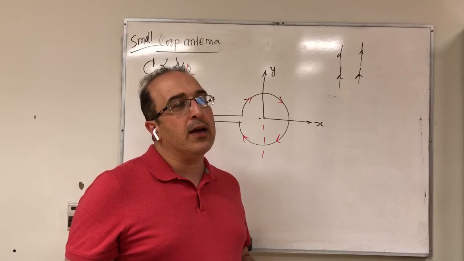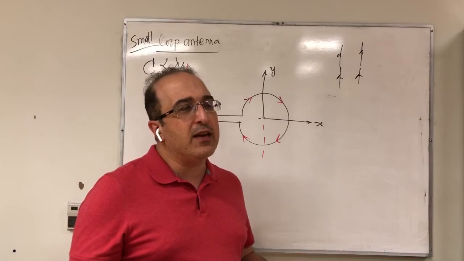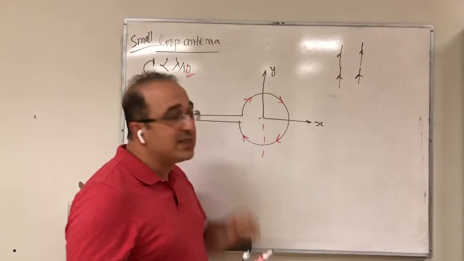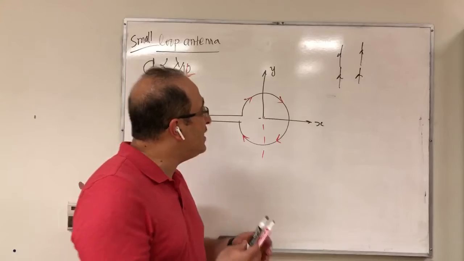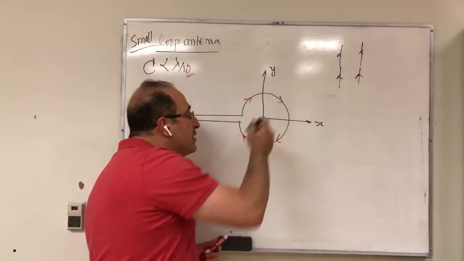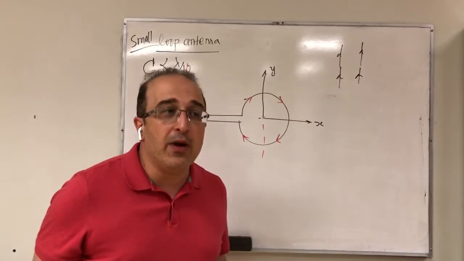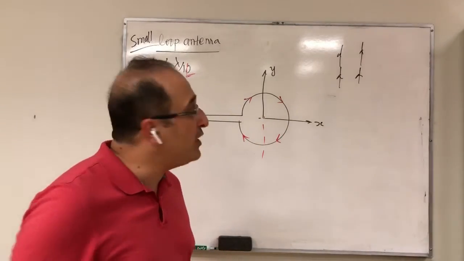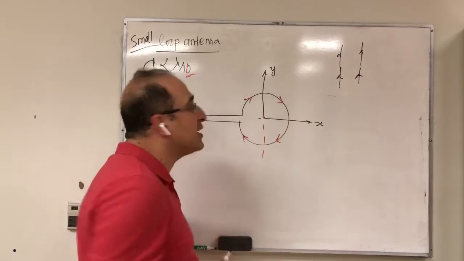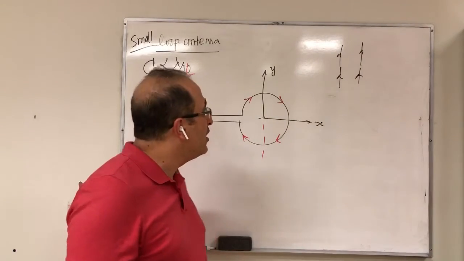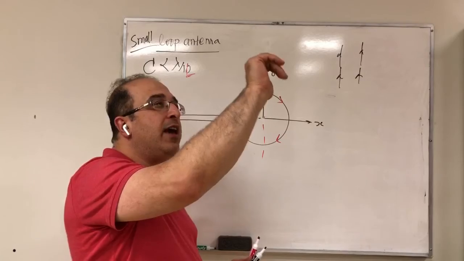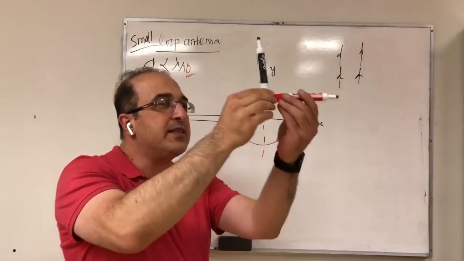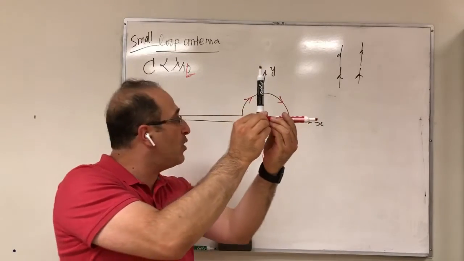So what we have here, we could think of this antenna as a receiving antenna, and then we say if it's going to receive a wave that's coming this way, if it can receive the wave, then it also could transmit. So let's bring a wave in this direction to this antenna and see what's going to happen. To bring a wave, I'm going to have E and H going this way. So this is my E, this is my H. They're traveling toward the antenna.